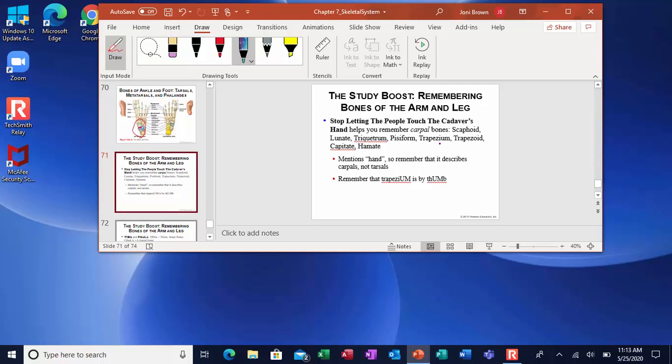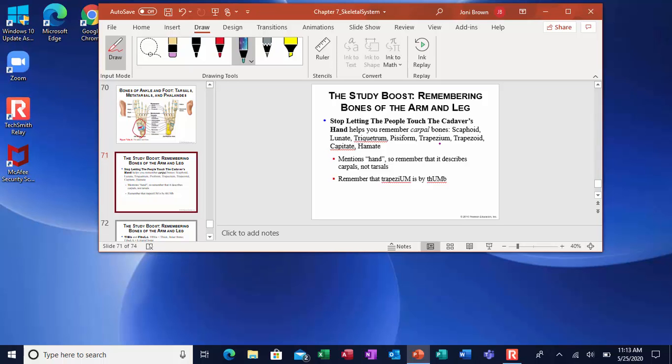Now, to remember the bones in the arm and the leg: "Stop letting the people touch the cadaver's hand." These are your carpal bones in your wrist: scaphoid, lunate, triquetrum, pisiform, trapezium, trapezoid, capitate, and hamate. It mentions the hand, so it's talking about the carpals.